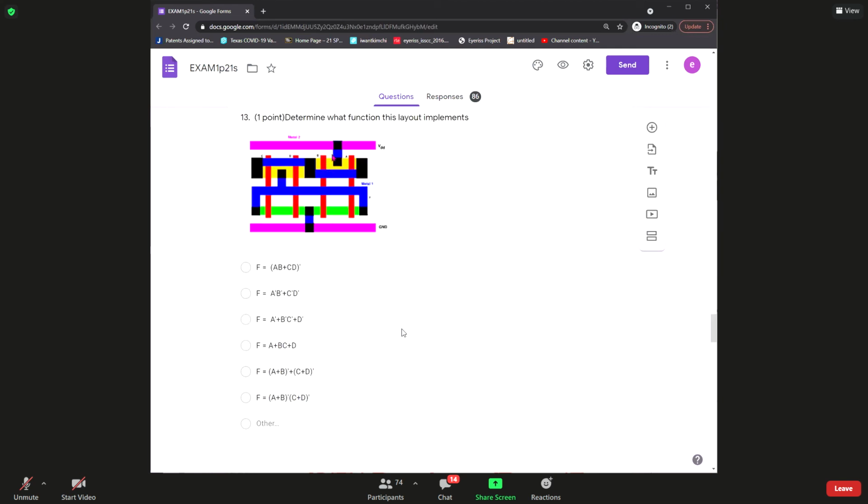How do you figure out what this layout is? This problem stems from your labs, okay? When you look at a layout, I want you to be able to trace your connection and realize, oh, there's a transistor right there, and there's a transistor right there connecting to ultimately this metal, which is the output.